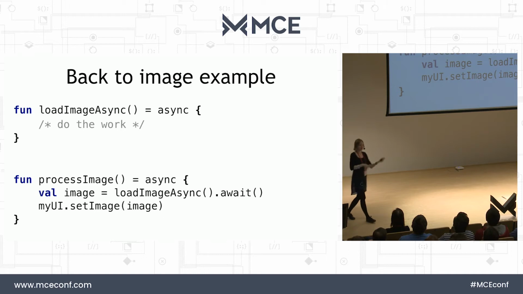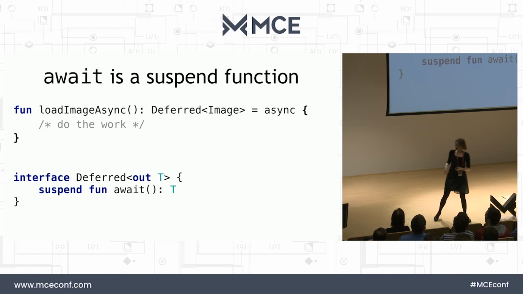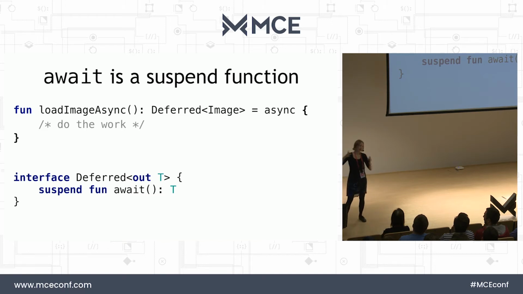So let's go back to the image example and see how it's expressed in the Kotlin code. So here we have this await function, and this await call is actually a suspending call. It is what puts this computation aside, what suspends it. We can see that async under the hood returns an interface defined in the Kotlin library.